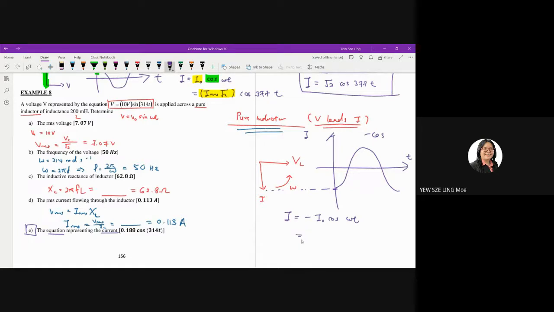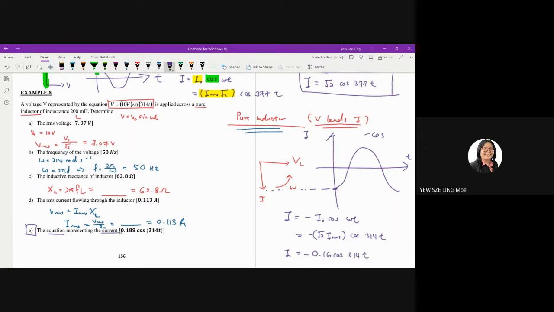From question D, we can then calculate the I maximum, which is root 2 times IRMS, and then cos 314t. Plug in the values, you will obtain I equals negative 0.16 cos 314t.